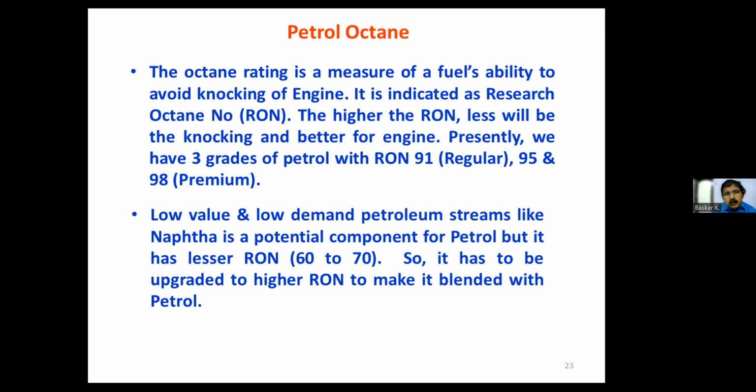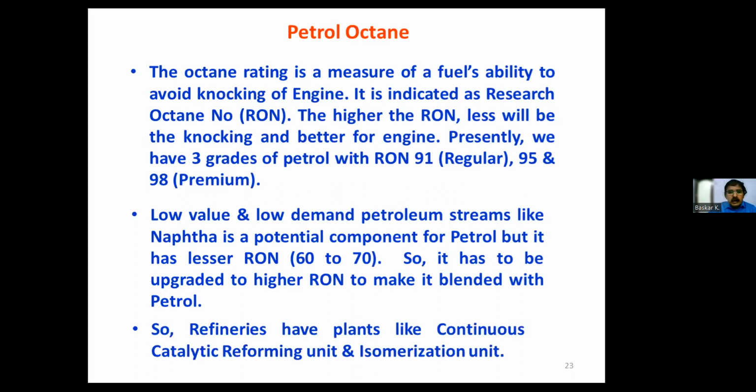That export always involves a loss because of pricing issues, so we have to consume the naphtha in a better way. But the naphtha has a RON of only 60 to 70, whereas it has to be converted into higher octane, like 91 or something like that.